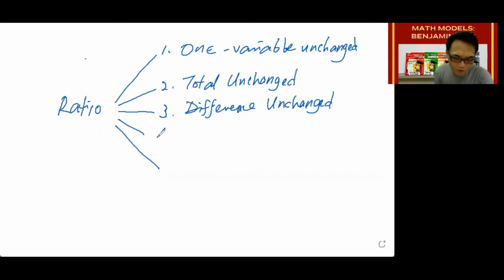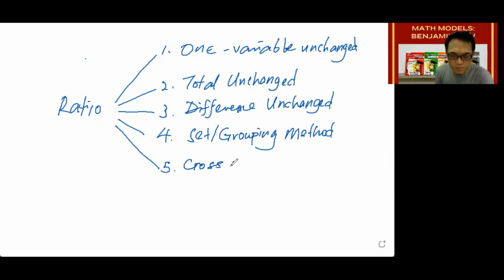And the fourth type is what we call the set or the grouping method. And the fifth type is what we call the cross method. Almost all questions in ratio will belong to one of these 5 categories of questions.